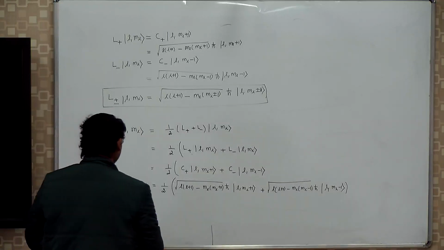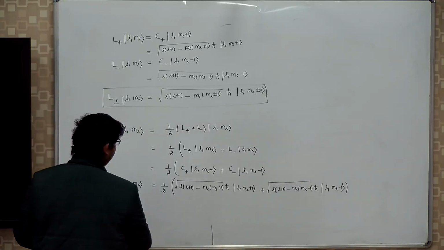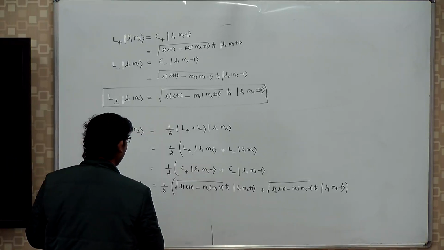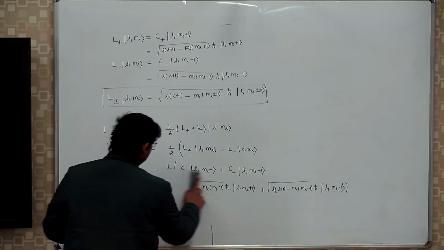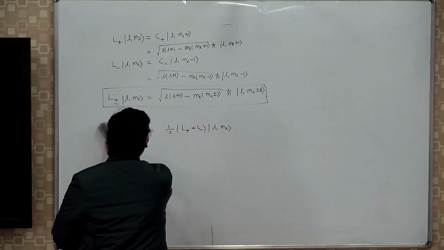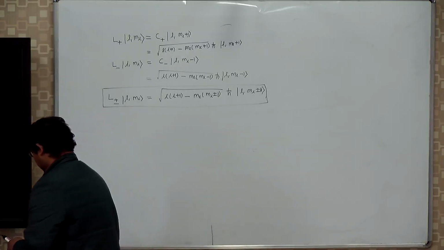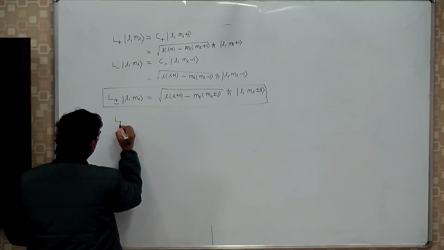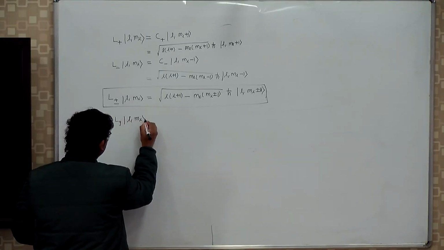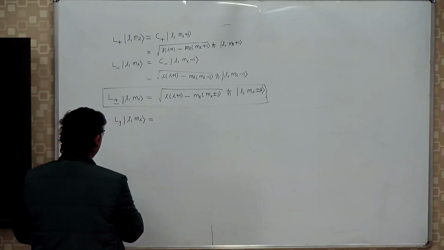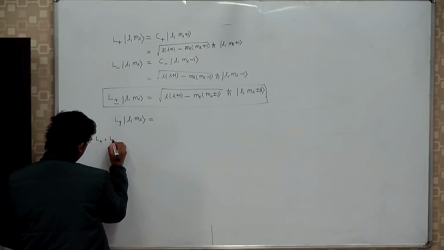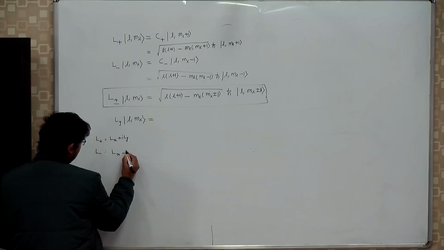Further, for writing the Ly operator in terms of the raising and lowering operators, or the quantum number state vectors, Ly acts on |L, mL>. We already know L+ is Lx plus i Ly, and L- is Lx minus i Ly.